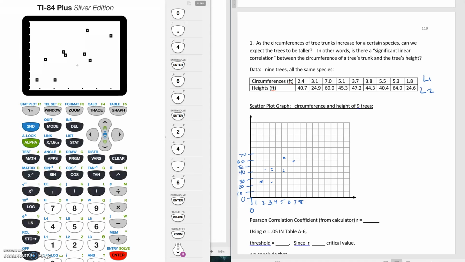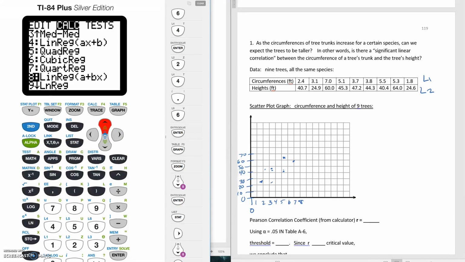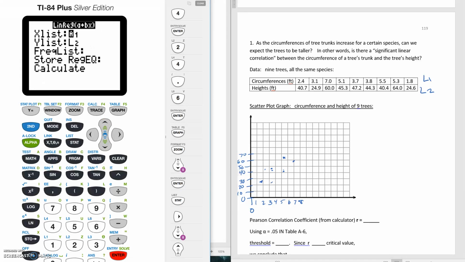So to find our R value, we're going to go to Stat, and we're going to go to Calc, and we're going to go to this one right here that says LinReg A plus BX. Okay, and we're going to leave this L1 and L2. And if we want to store it in Y1, we can.